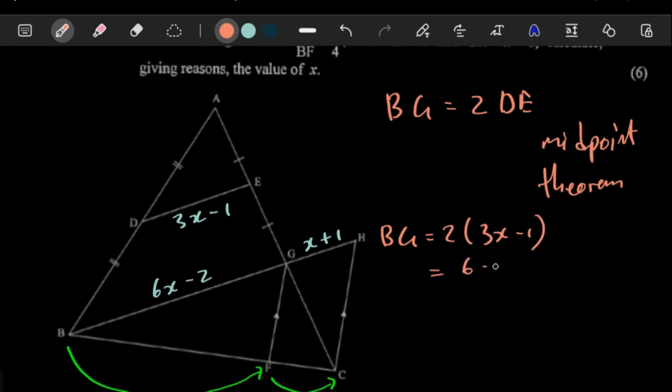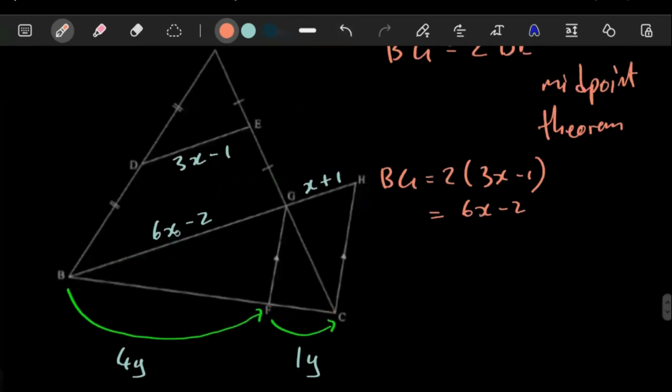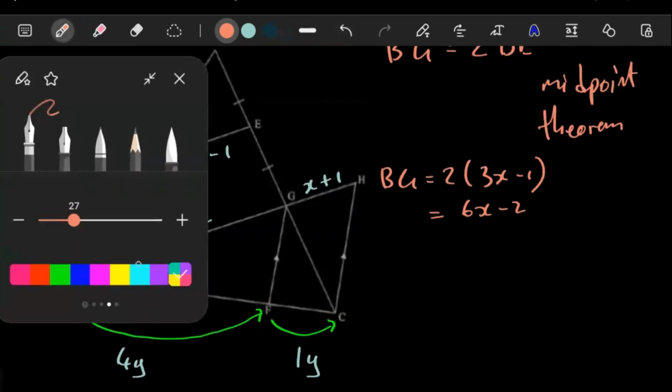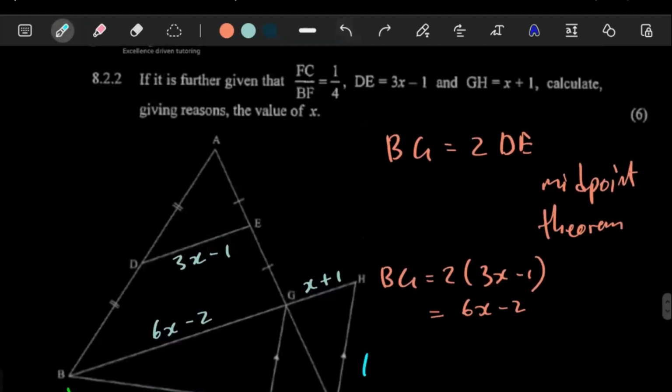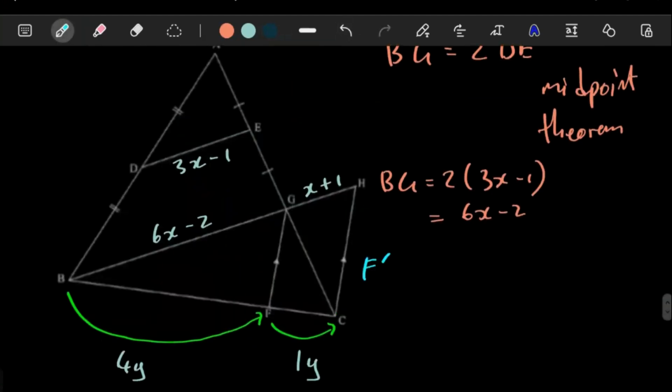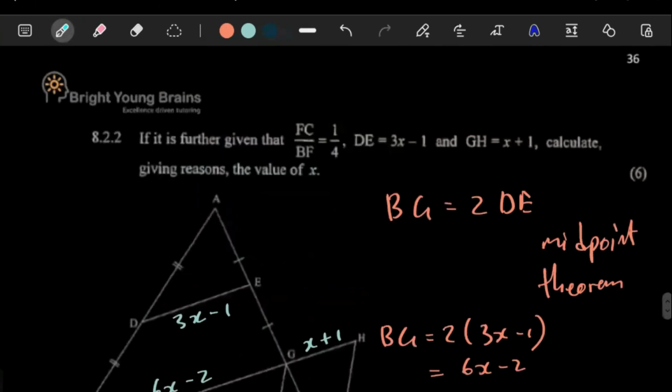This is going to be 6x minus 2. So that's how we have this there. And then from there, now we can say that BF, it will be the FC over this BF here.